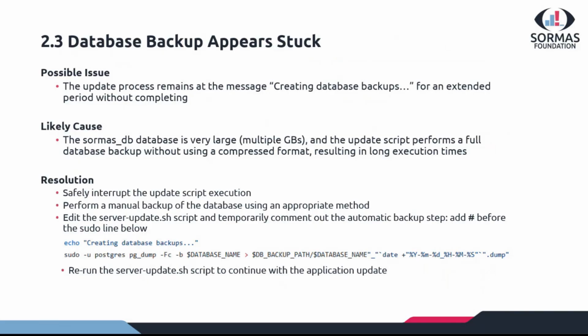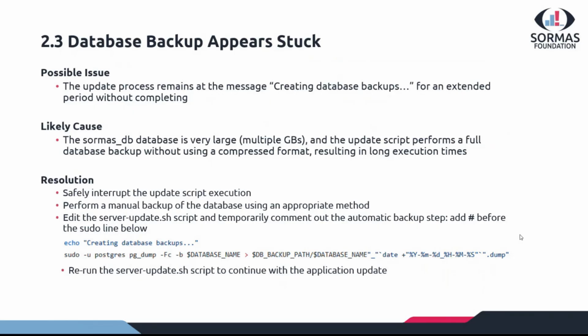You go back to the script, open server update.sh in a text editor, Nano or whatever editor you prefer. Locate the line where it's displaying creating database backups. Just below that line, you will see the pgdump command. What you do is just comment it out.